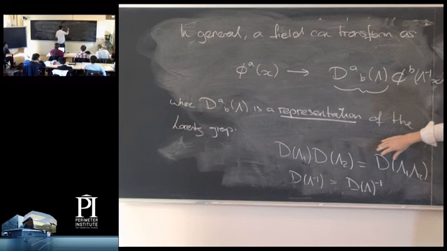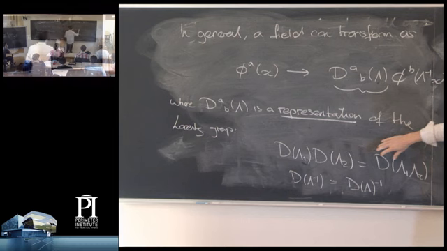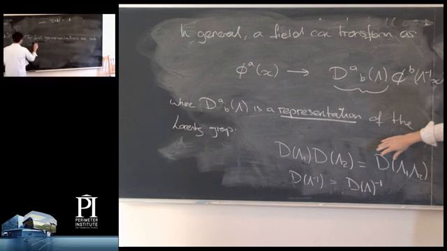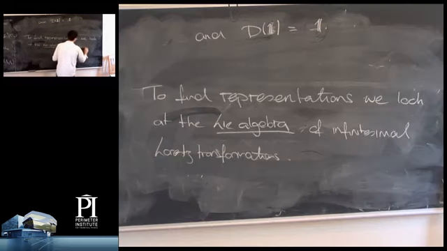So to find representations, and again, this is true of any group, we look at what's called the Lie algebra. What this means is we look at infinitesimal transformations.